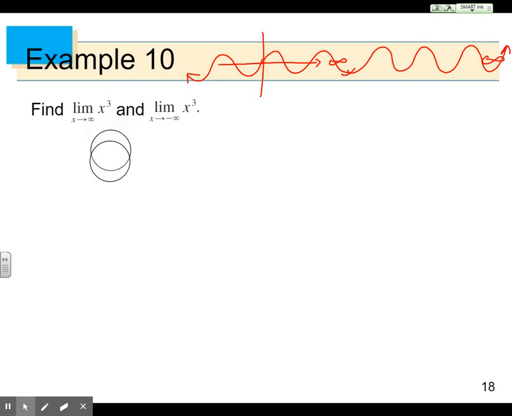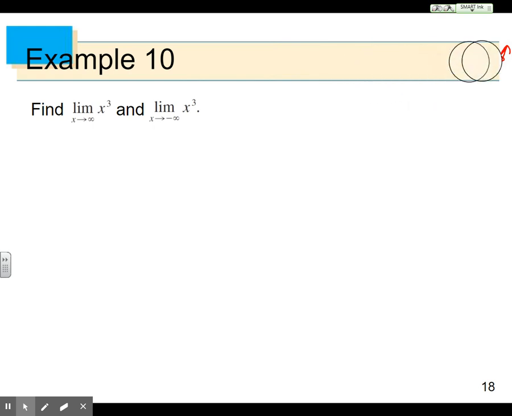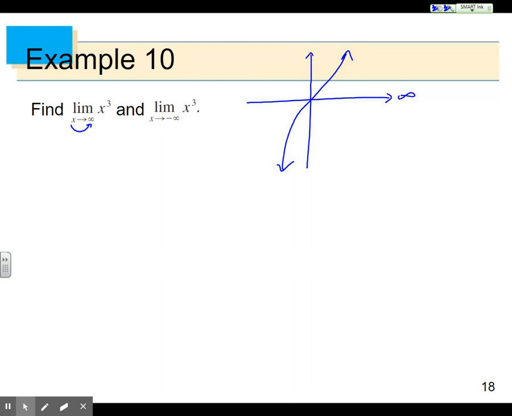Well, what about x cubed? Again, there's no denominator on this one. I guess the denominator is 1, so you can divide everything by x to the 0, which gives you right back to where you started. But again, think about the graph of this. The graph of x cubed is a snake on a plane. As x goes off the right side of the graph, as x gets closer to infinity, look at this line.